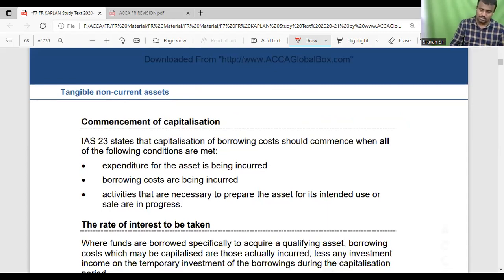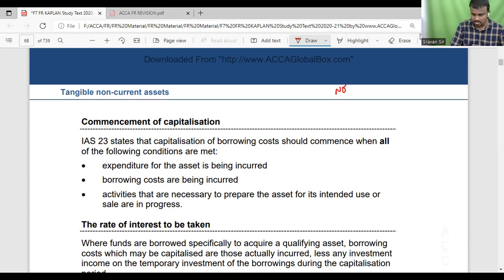Before going to the qualifying asset, does IAS 23 apply to all, or are there any non-applicability cases? Yes, there are.